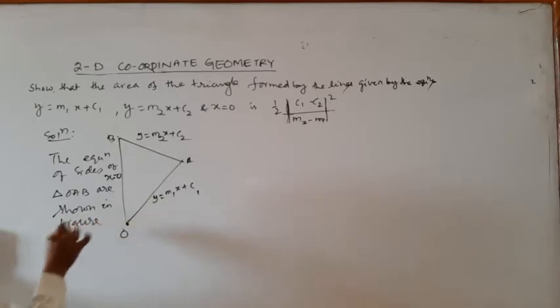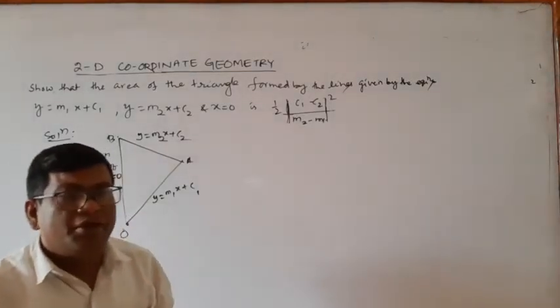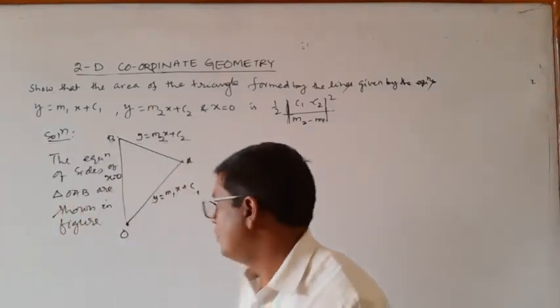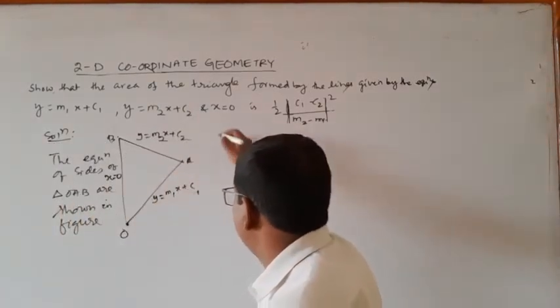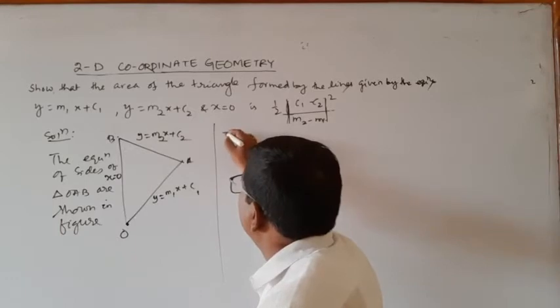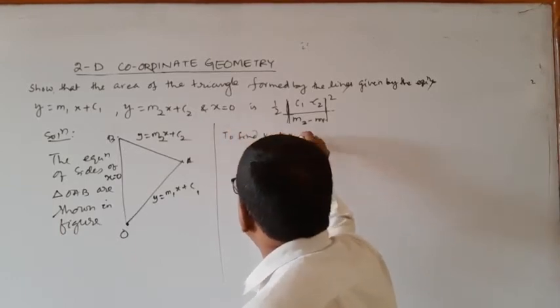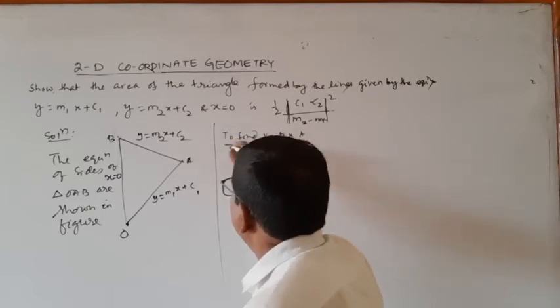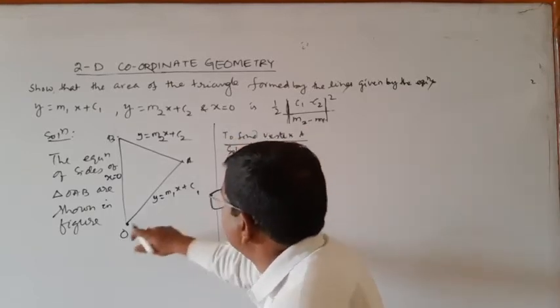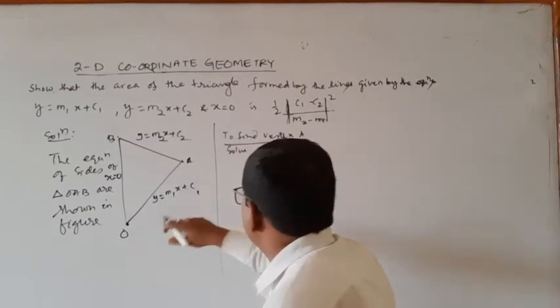Now to find the area, the vertices are required. To find vertex O, suppose.